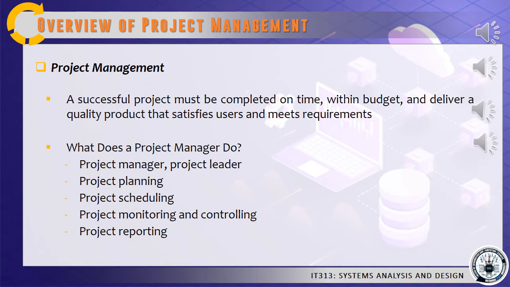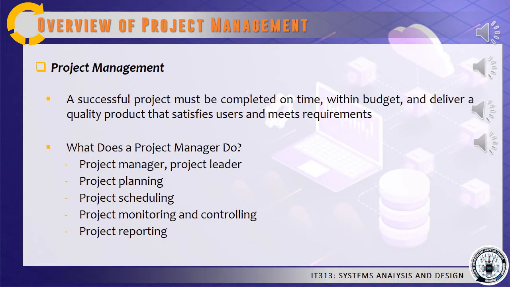Project planning includes identifying all project tasks and estimating the completion time and cost of each, which means that in this activity, the project manager should identify clearly what has to be done, and must be able to give the clients the estimated start date and end date of that specific project.